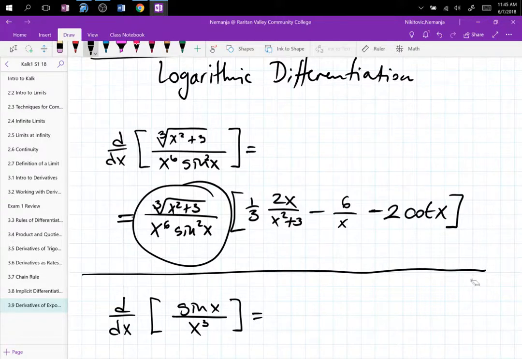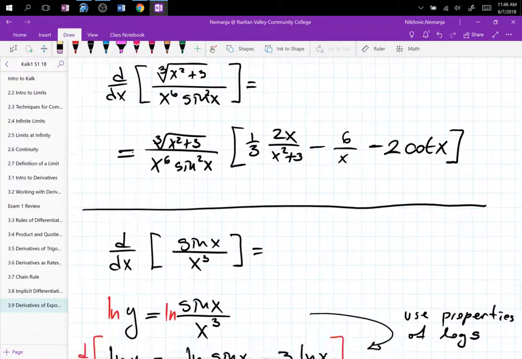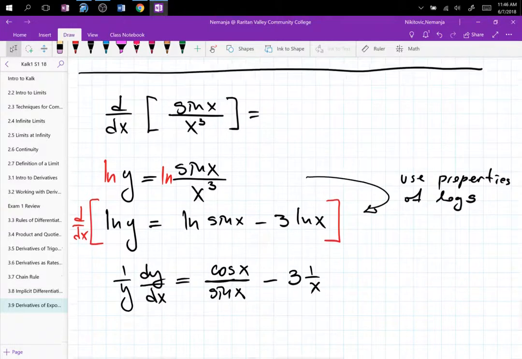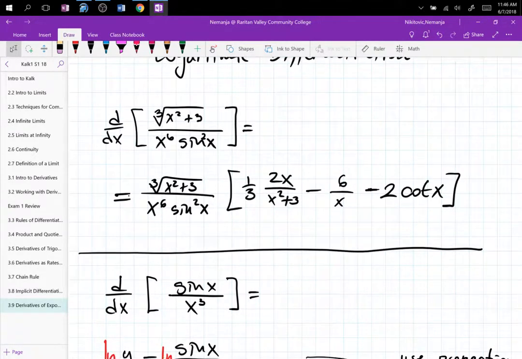That's the reason why I copied the original problem here when I started writing the solution mentally. All I did to solve this insane problem, the derivative of this in my head, was to say, okay, I know that I have to copy this because every time if I do the entire procedure, I will always get 1 over y on this side, and that goes to the other side, which is this. So you start by copying that piece. And then in my head, all I was doing is decomposing this using log rules.